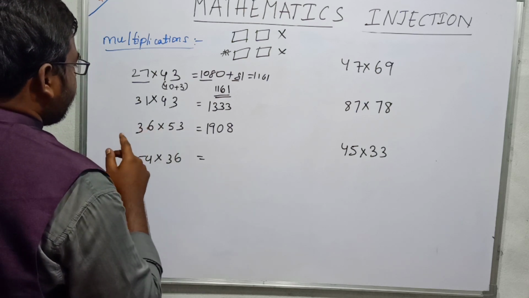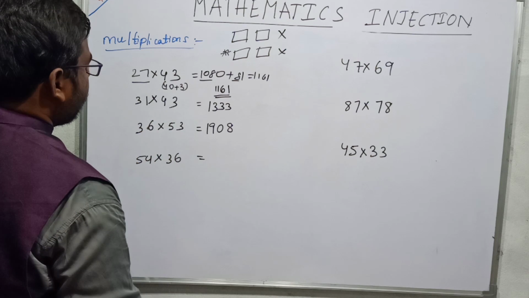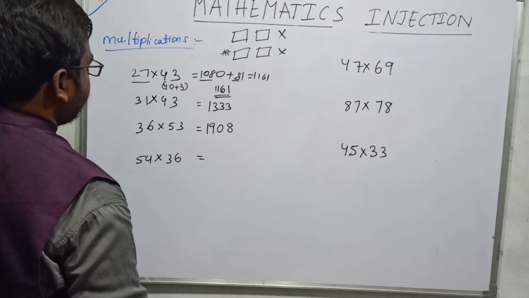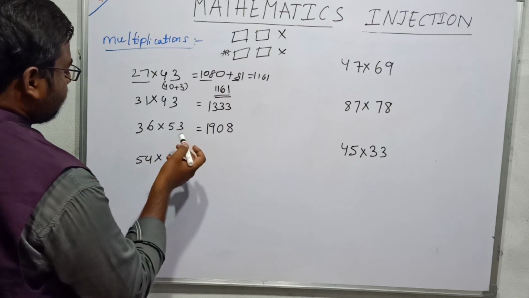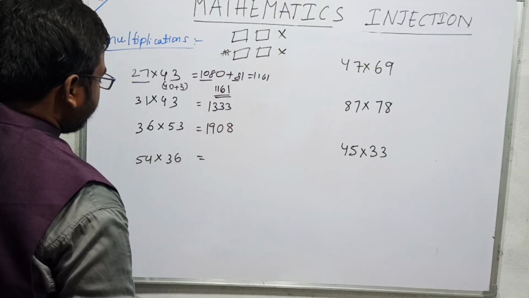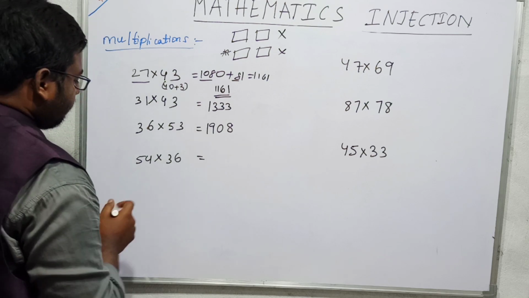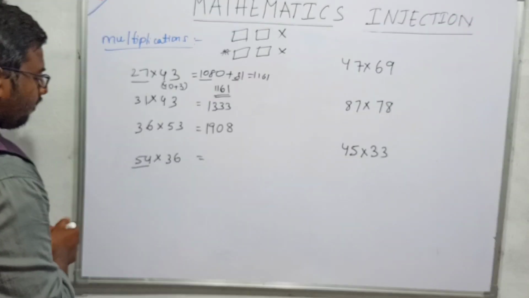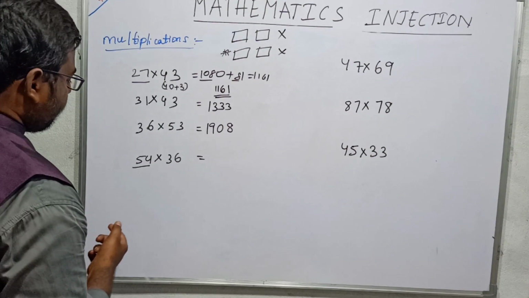Here 159 plus 31. 59 plus 31 is 90, so 190, and beside this is the 8 of 318, so 1908.